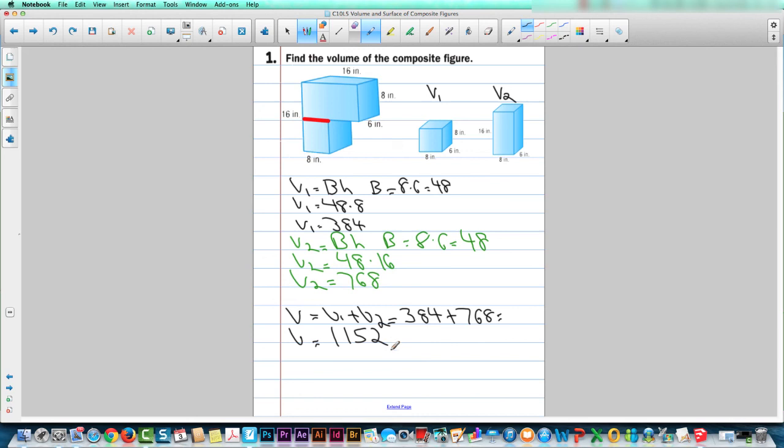But don't forget the units of measurement at the end. We're in inches and we're doing volume, so that's inches cubed. And that's how we get the volume of a composite figure, by breaking it down into solids that we do know how to get the volume of.